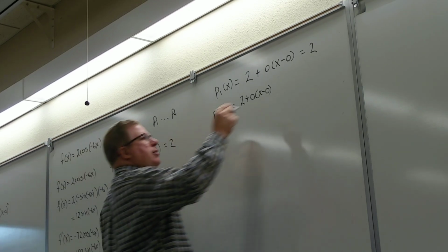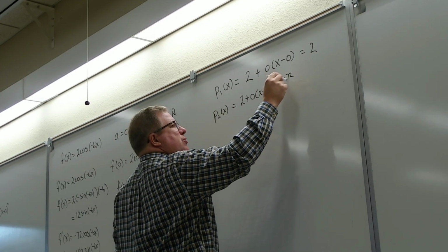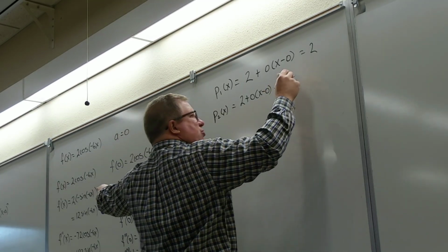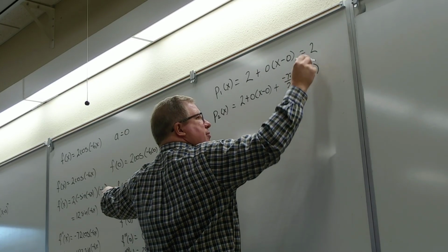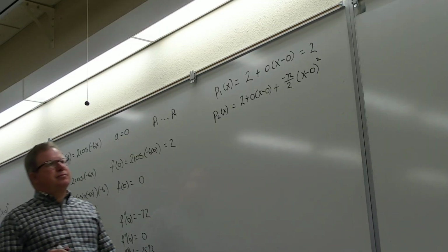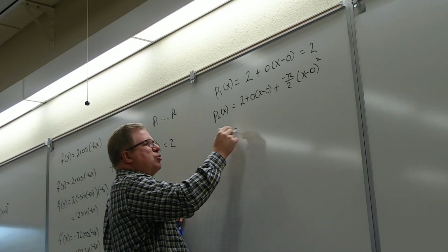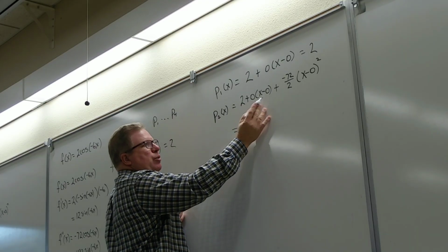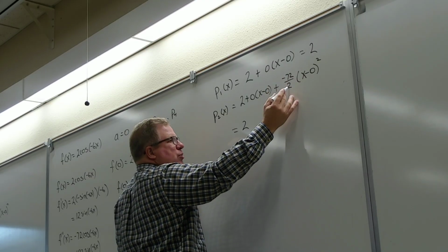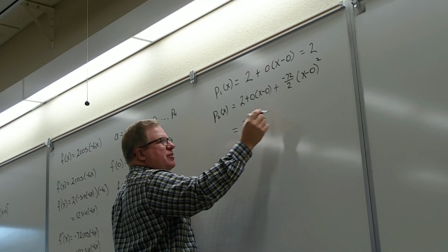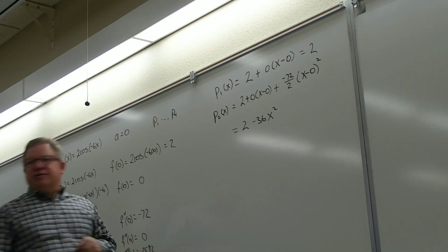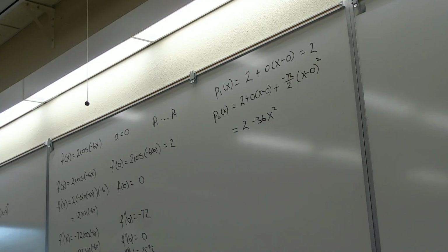So it's going to be plus negative 72 over 2, that's 2 factorial, times x minus 0 squared. So in the future, I will go straight to this step. 0 times this is 0, so that doesn't need to be written. Negative 72 divided by 2 is negative 36. The minus 0 does not need to be written, so that's just x squared. There it is, finished for the quadratic.